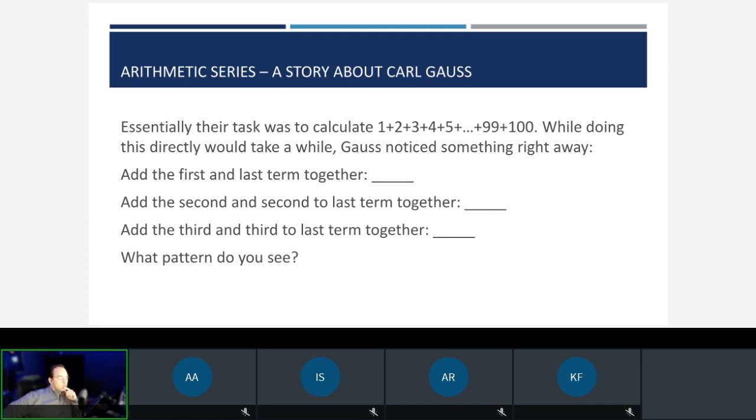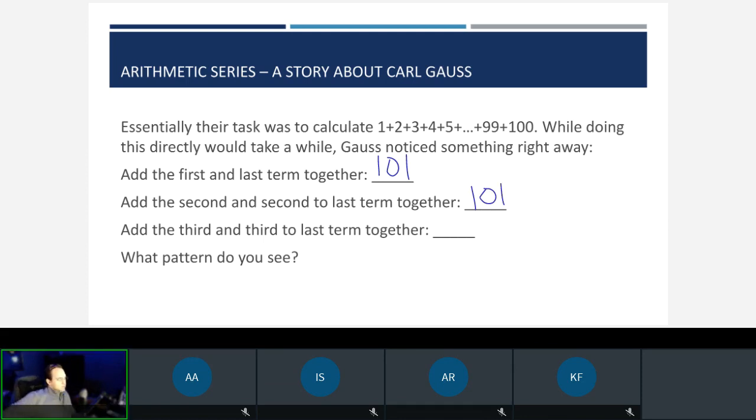All right. So, what is the first and last term added together equal? 101. Yeah, 101. All right. What does the second and second to last term added together equal? Weird. Another 101.